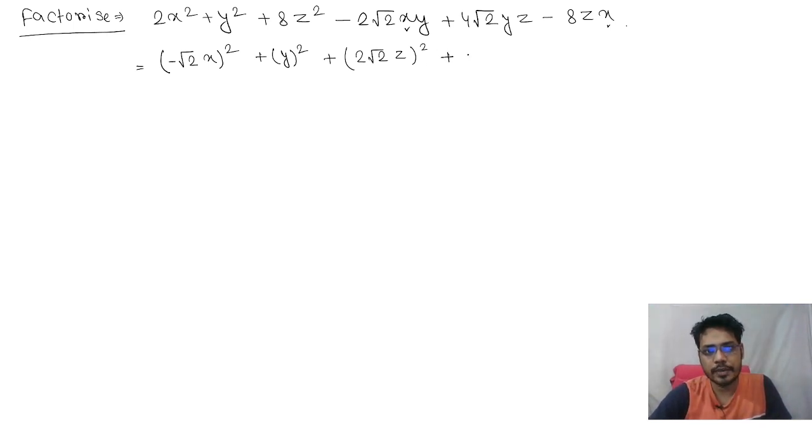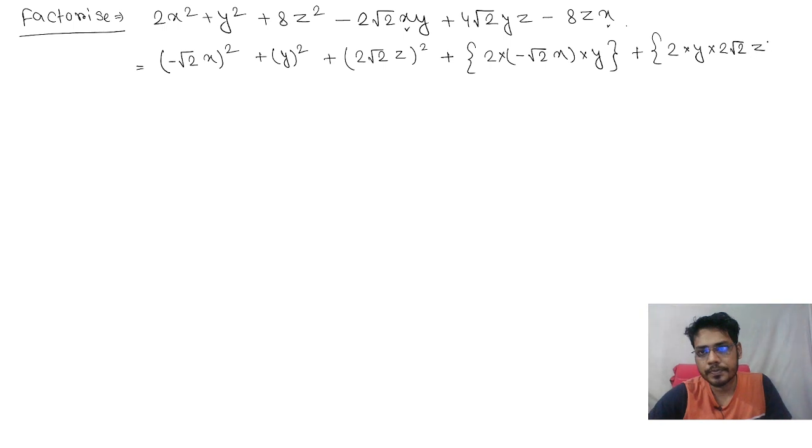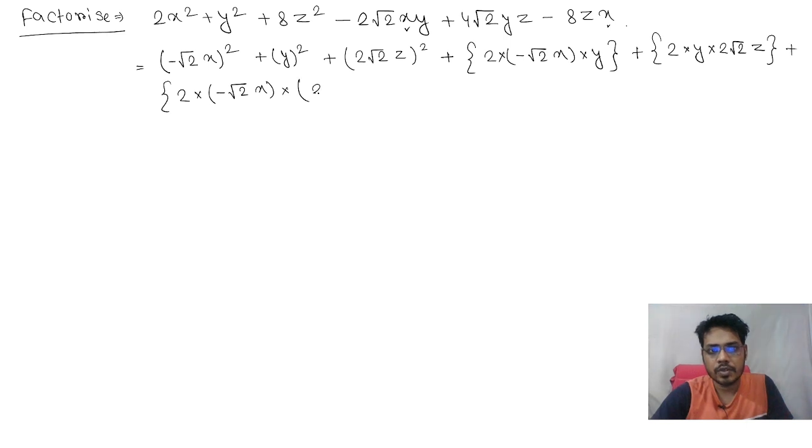So plus, a square plus b square plus c square plus 2ab, that is 2 multiplied by minus root 2x multiplied by y, plus 2bc, 2 into y into 2 root 2z, plus 2ca, it is 2 multiplied by minus root 2x multiply 2 root 2z.